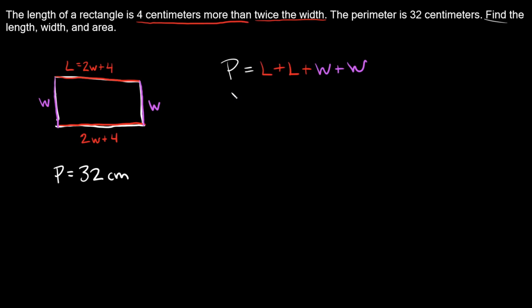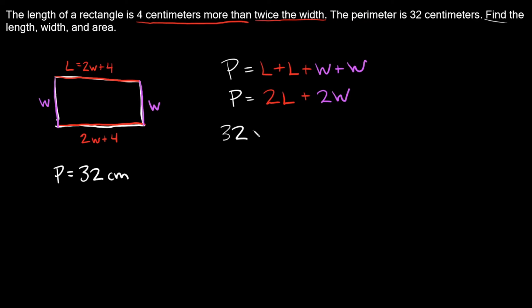Okay, or another way I could write this is saying that the perimeter is equal to L plus L, that's the same thing as 2 times L, right? And then we're just adding that to W plus W, which is the same thing as 2 times W. Okay, so let's fill in some information that we know. So first of all, we know the perimeter, right? That's given to us as 32 centimeters.